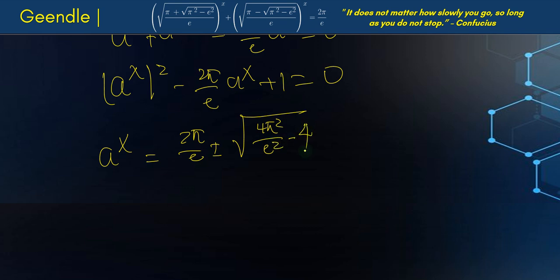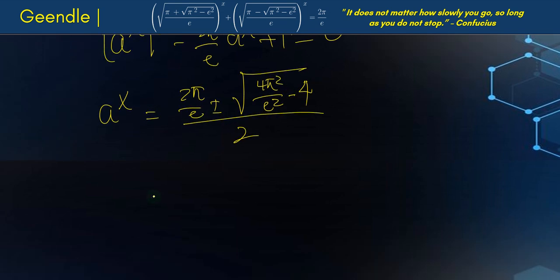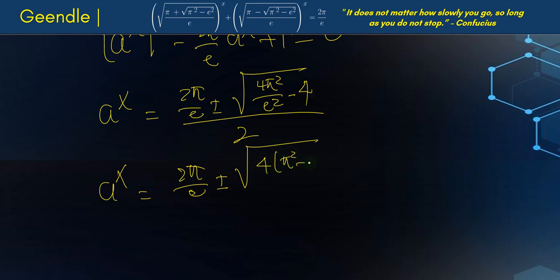We're going to have only 4 here because c is 1 and a is 1, all divided by 2a. 2a, a is 1. So a to the x is equal to 2 pi over e plus or minus the square root of (4 pi squared minus e squared) divided by e squared, all over 2.